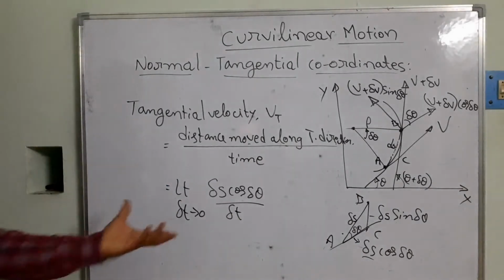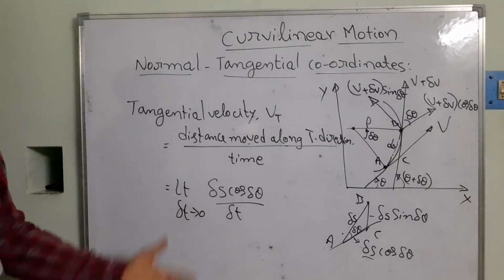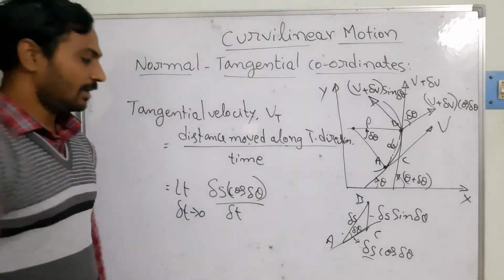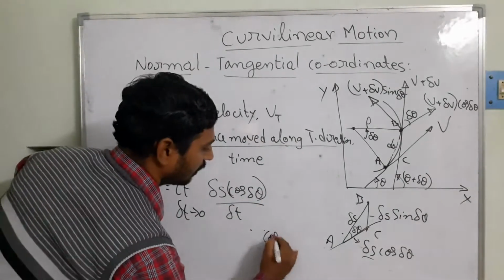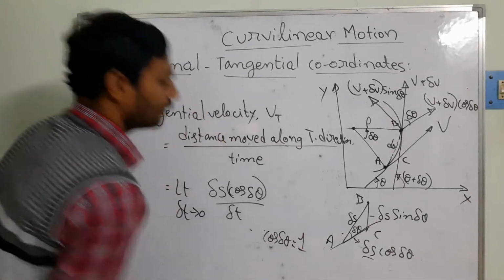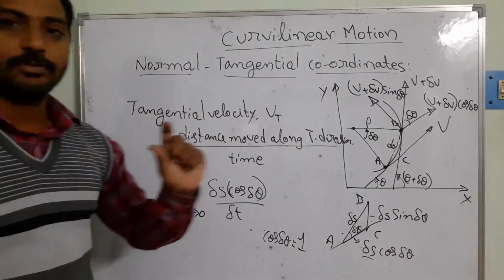As we know, for further simplification, cos del theta will be very small, that's going to be 1, because del theta is very small.